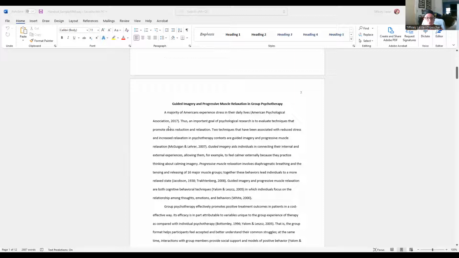Thus, an important goal of psychological research is to evaluate techniques that promote stress reduction and relaxation. Two techniques that have been associated with reduced stress and increased relaxation in psychotherapy contexts are guided imagery and progressive muscle relaxation. Oh, citation. That tells me that they got this information here in this sentence from this source.